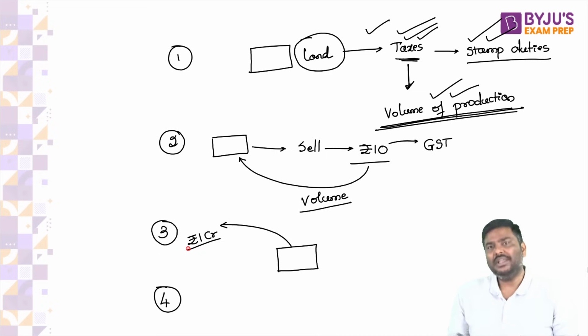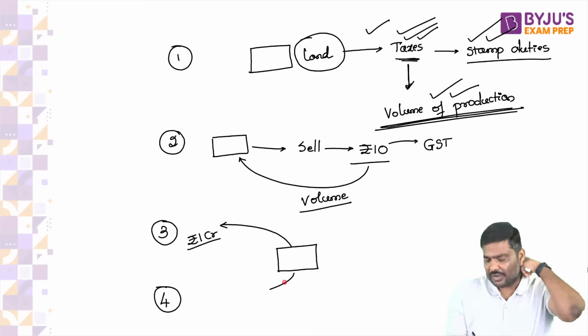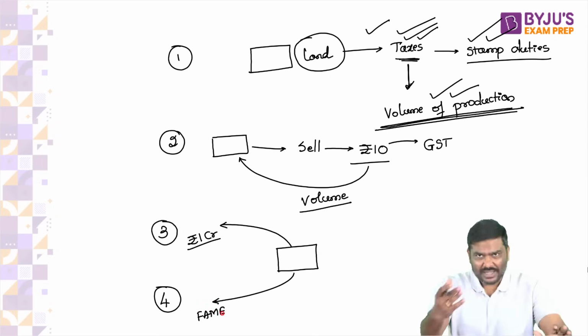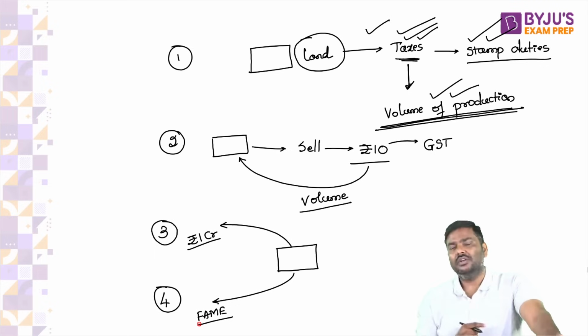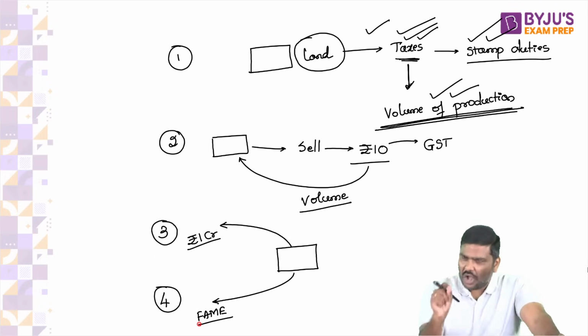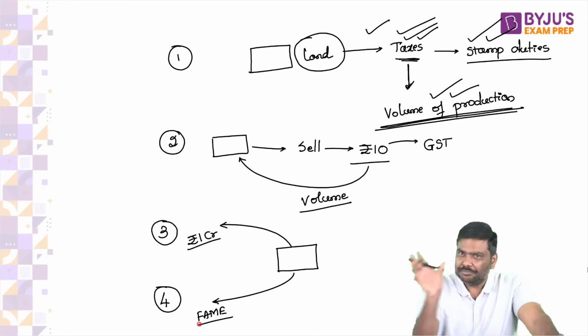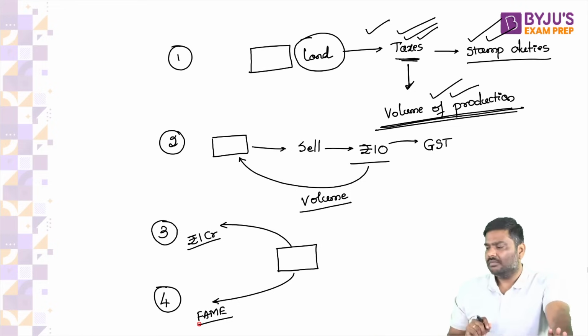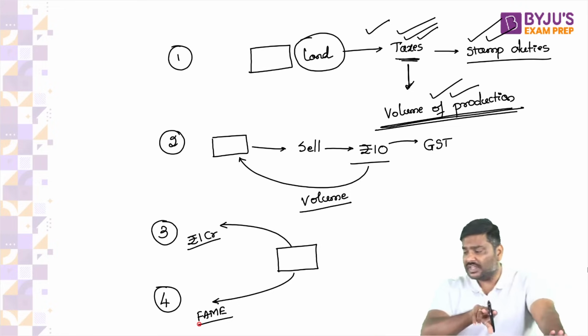Fourth example here. I'll take the example of FAME initiative. Now, please tell me, in FAME initiative, Government of India will provide the subsidies on per unit, per electric vehicle produced or not? Think of it. We have discussed all of this, by the way.